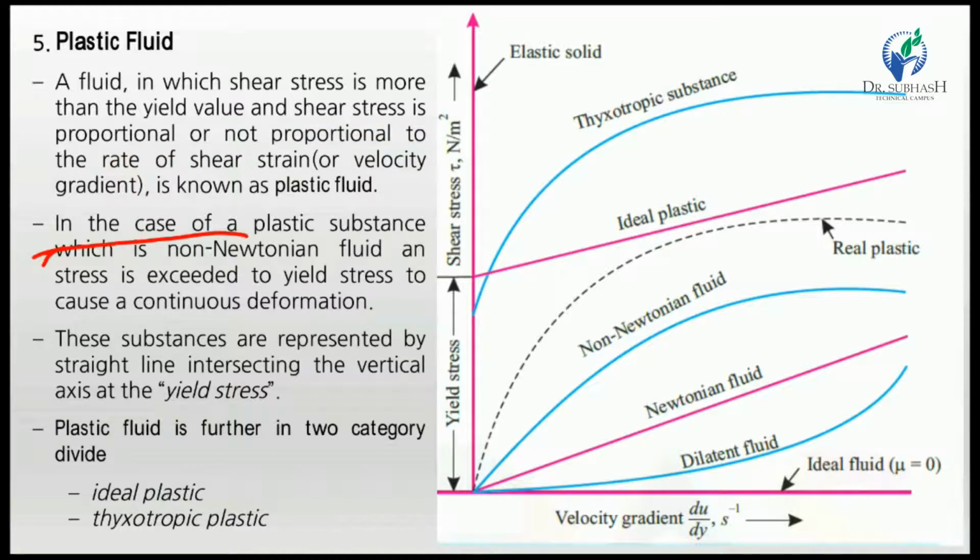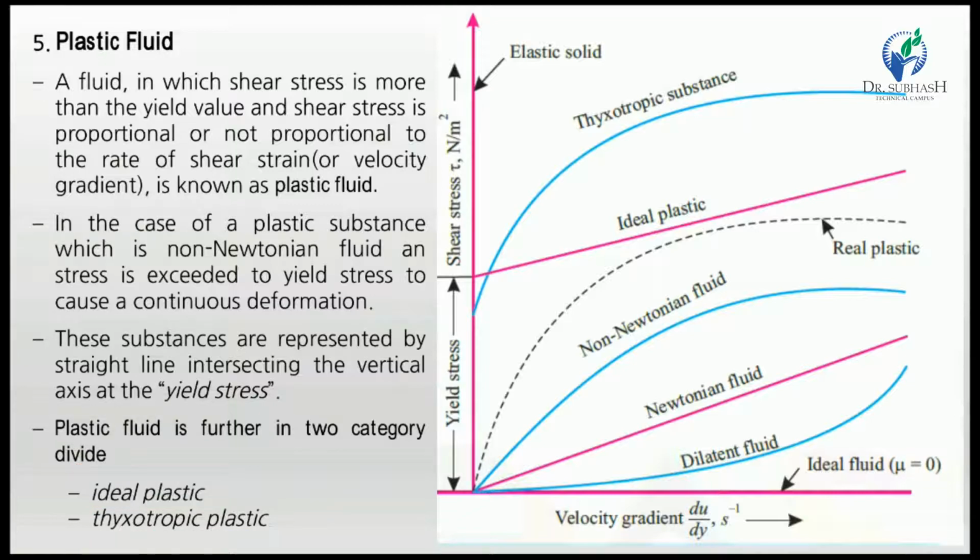In the case of a plastic substance, which is a non-Newtonian fluid, the stress must exceed the yield stress to cause a continuous deformation. These substances are represented by a straight line intersecting the vertical axis at the yield stress. Plastic fluid is further divided into two categories, ideal plastic and thixotropic plastic.